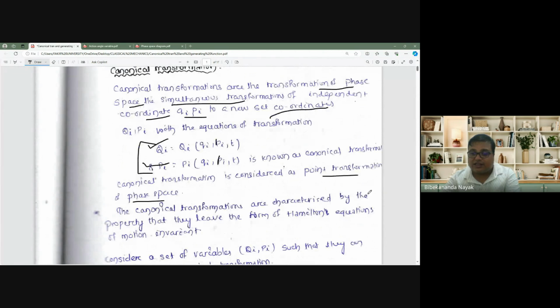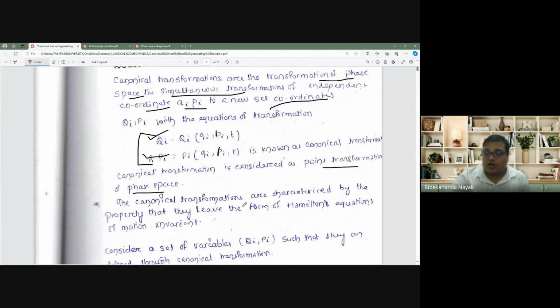Why is the canonical transformation named so? Canonical transformations are characterized by the property that they leave the form of Hamilton's equations of motion invariant, which is important.